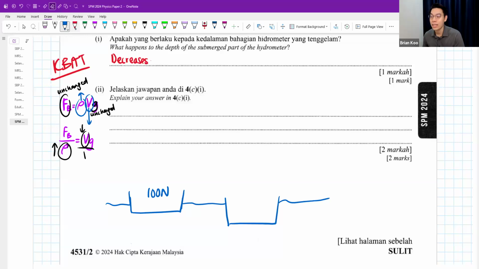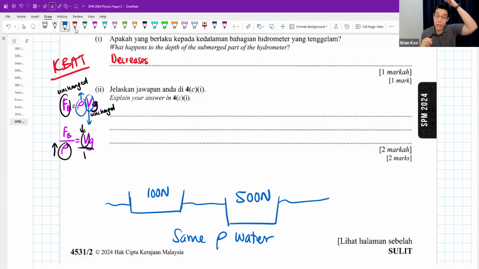Let's say this one is 500 Newton, but it's the same density water. So will I still say buoyant force is the same or what? Let's take a look, because this is a different question from whatever in this part C is talking about. Now we are saying your weight is different. Just now the hydrometer weight is the same.